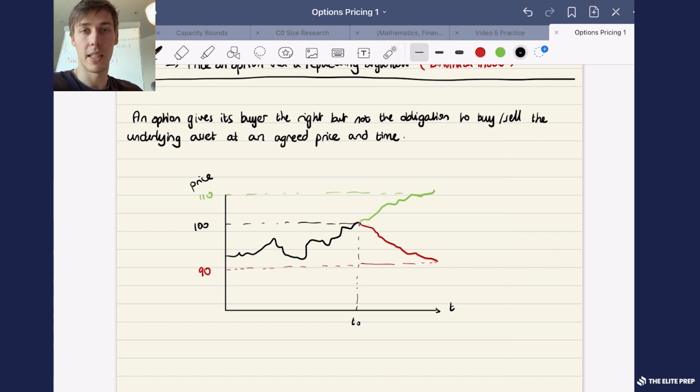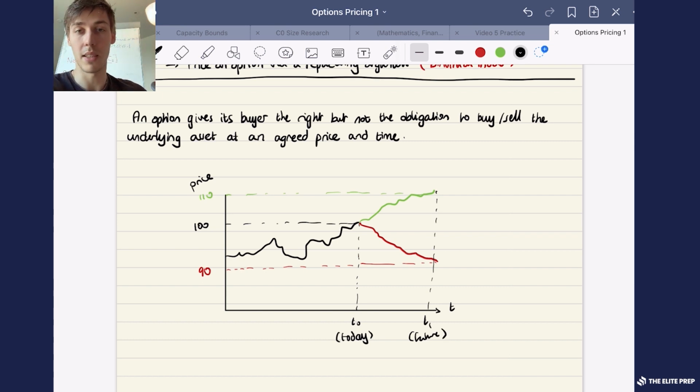One way of trading in the markets could just be to buy this stock directly and to be exposed to the direct movements of the stock. So either in the future we'll have 110 at time T1. So T0 is today and T1 is the future.